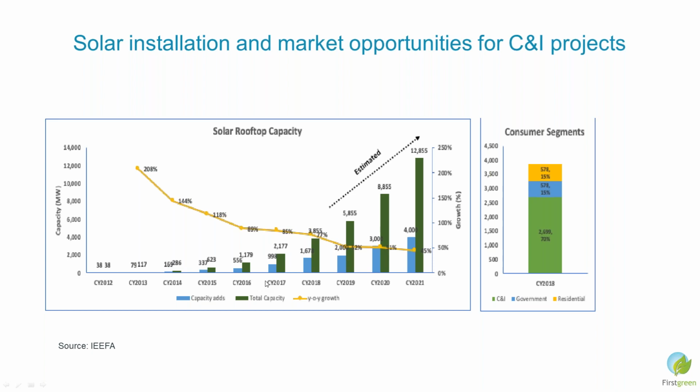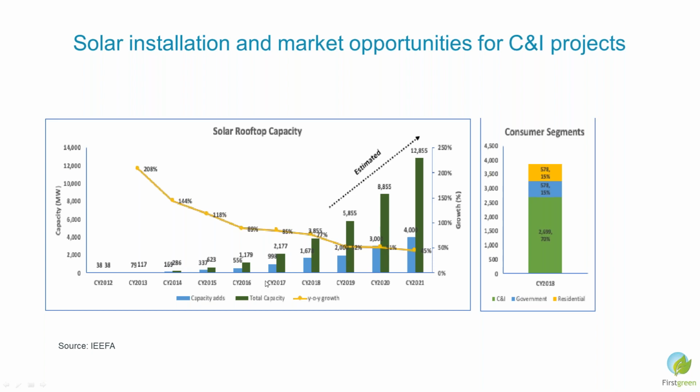Government of India's target for rooftop is 40 gigawatt by 2022. So we are hardly achieving 12 to 15% of the target, and we have just 2 more years to go. So there is a lot of activity which we need to do.